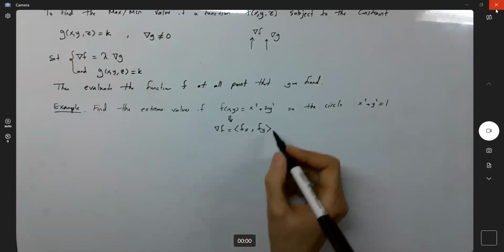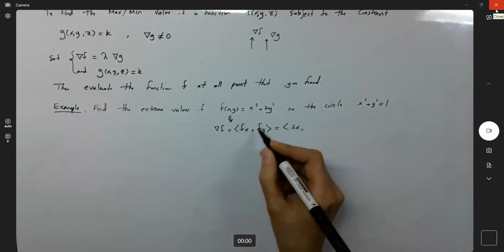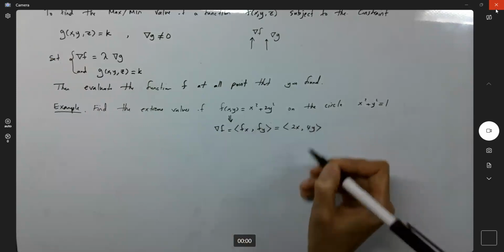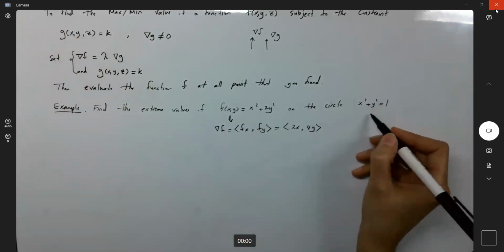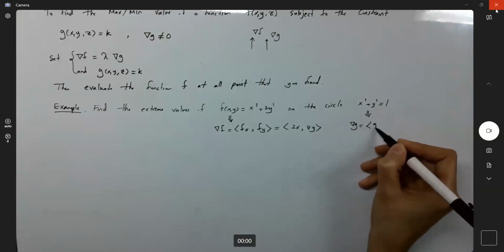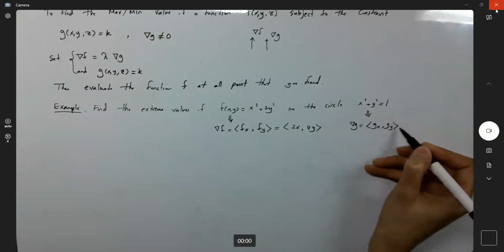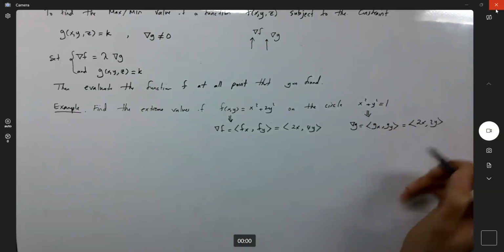Which is equal to f sub x, 2x, comma, f sub y, 4y. And also I need to find the gradient of g. So these are important steps. The gradient of g is equal to g sub x and g sub y, which is 2x, comma, 2y.